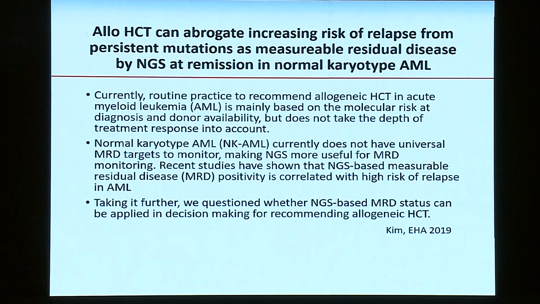Can allo-BMT abrogate the increased risk of relapse from persistent mutation? This was published, or presented, at EHA 2019 from the MD Anderson group, and they also emphasize that allo-BMT with myeloablative conditioning could help.